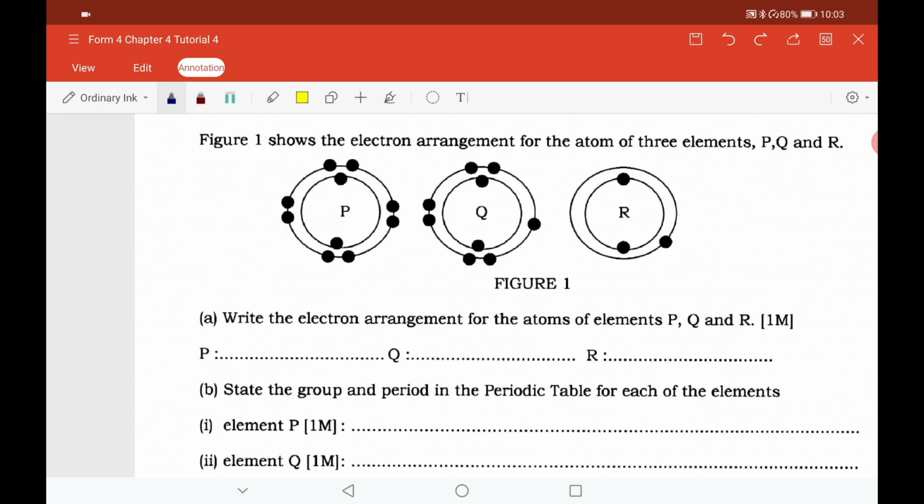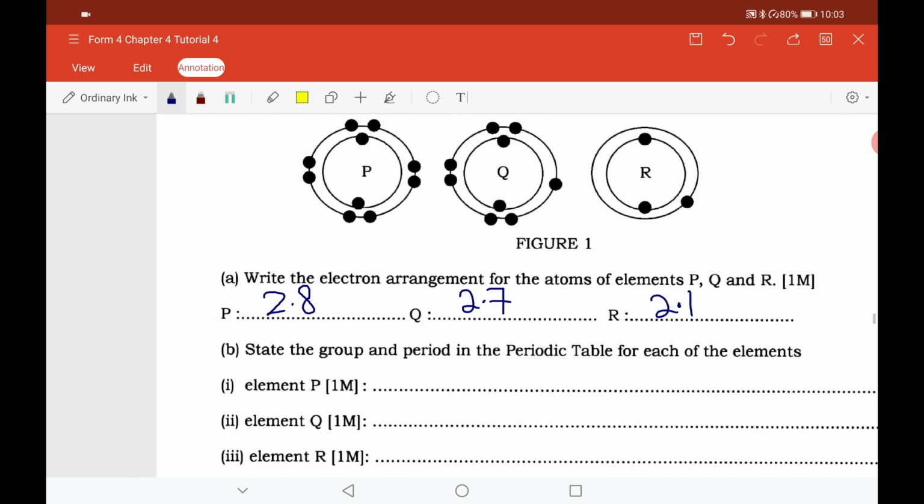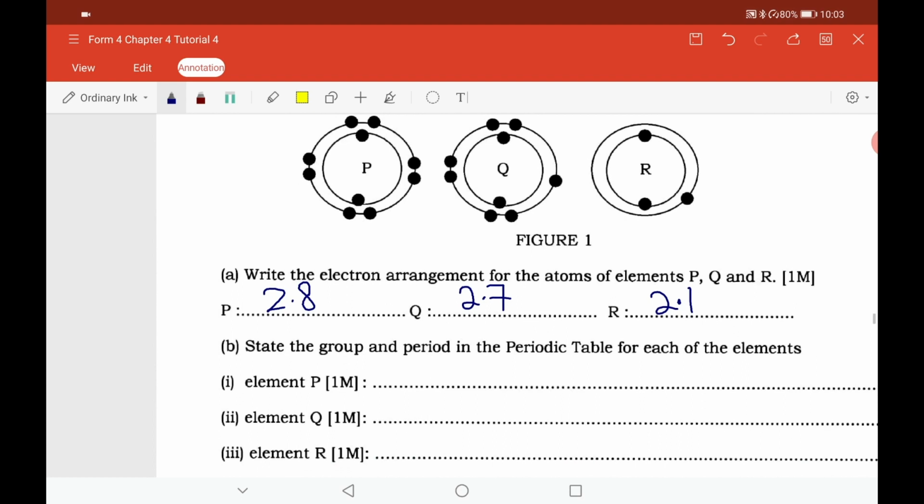For element P, it is 2.8. For element Q, it is 2.7. And for element R it is 2.1. We just need to look at the diagram and change it to electron arrangement. Next one, we need to mention the group and period for each element.